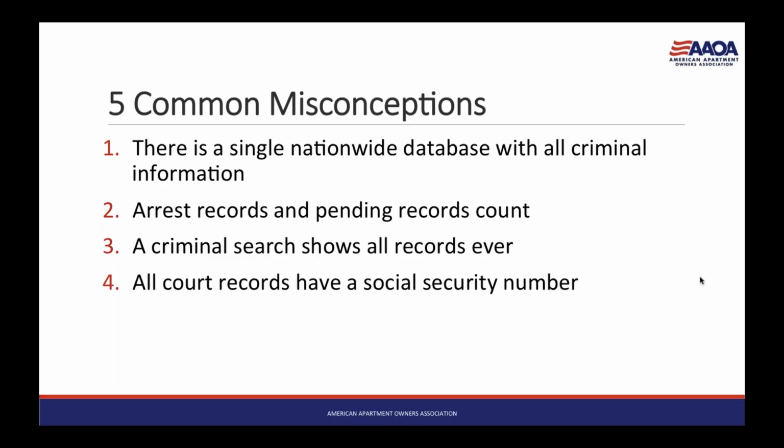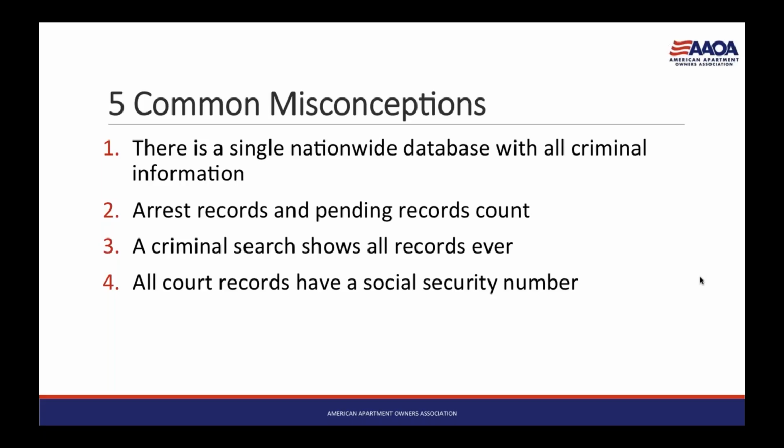Point number 4 is the misconception that all court records have a social security number. We get this all the time. People think that if we have the social, that should be all that we need to find a match. And it would actually be much easier if that was the case, but there's a very small percentage of states that will release that social security number information.